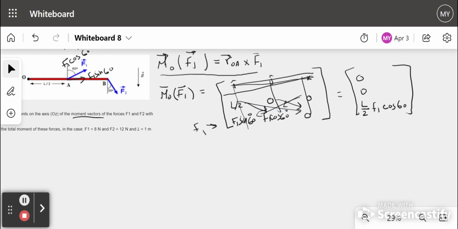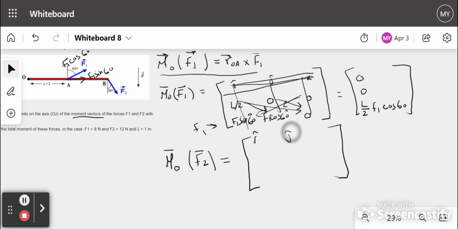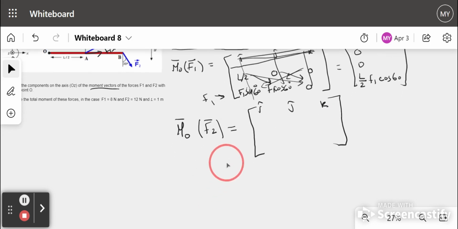Now you can also do moment at point O for F2. I'm going to keep this for you, and if you have any question, let me know. So this also will be your I, J, and K, and then you will have the moment or the sum of the moment, right?